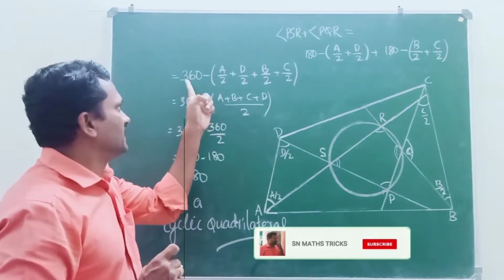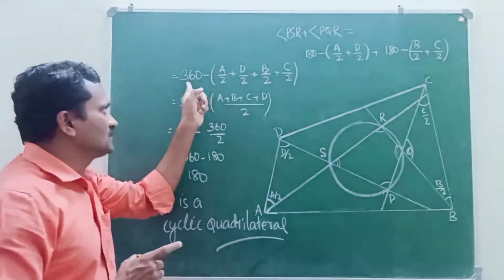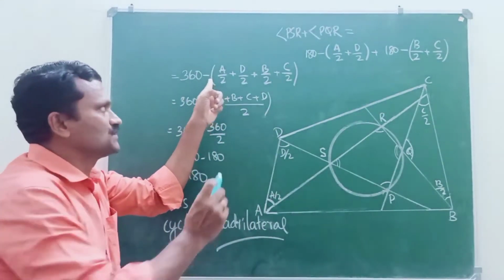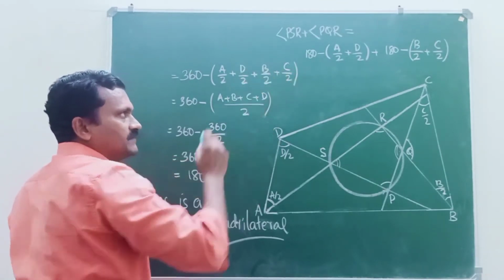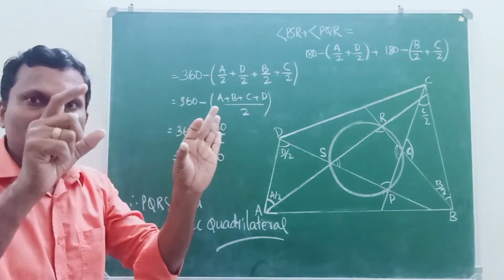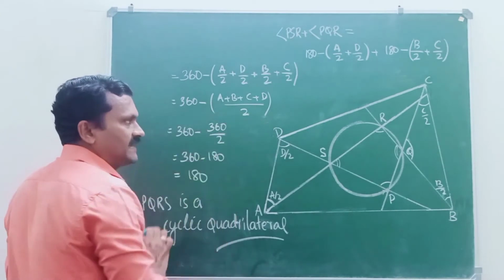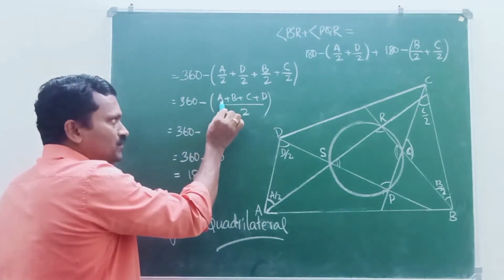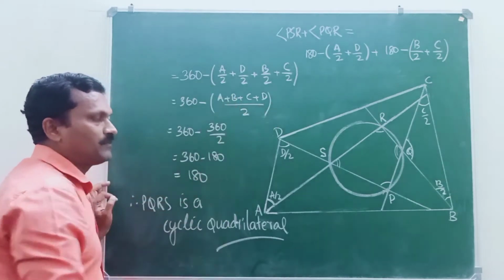On simplifying, 180 plus 180 is 360, so 360 minus (A by 2 plus B by 2 plus C by 2 plus D by 2). Here all the denominators are the same, so we can add the numerators and put the denominator as 2: (A plus B plus C plus D) divided by 2.